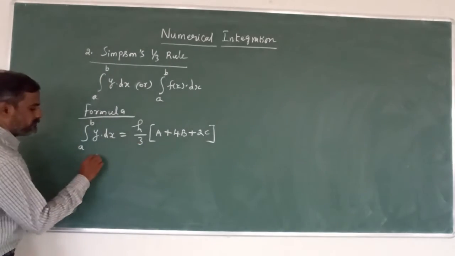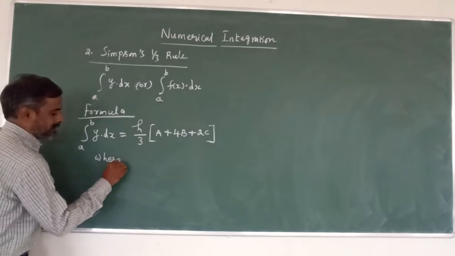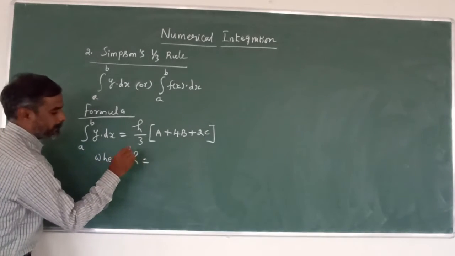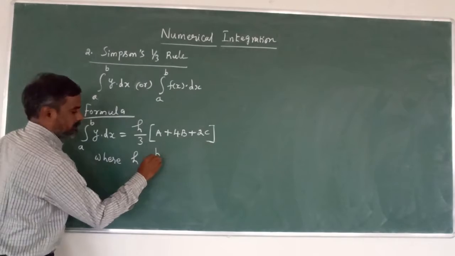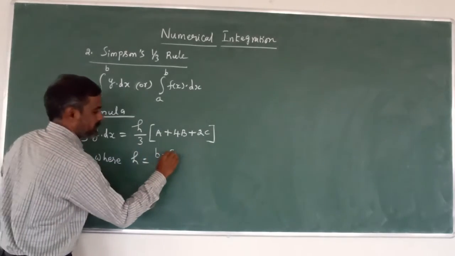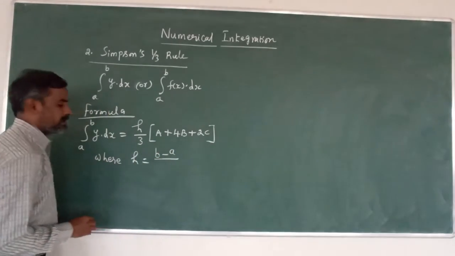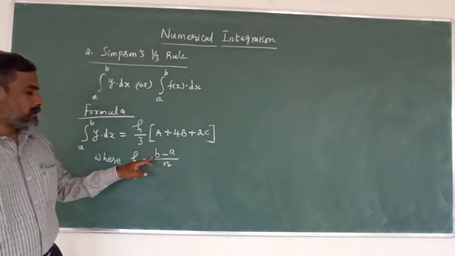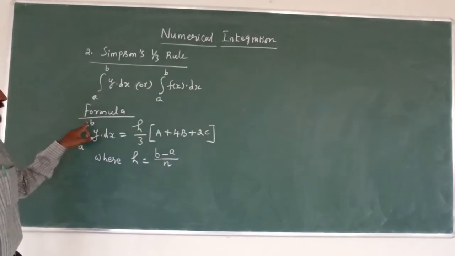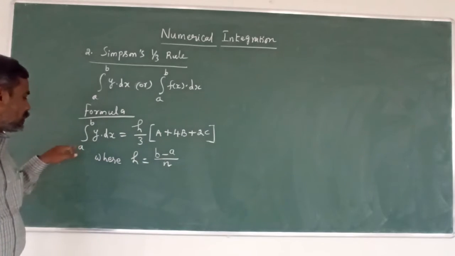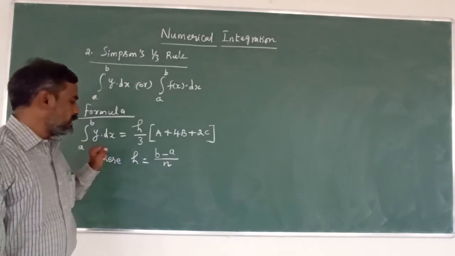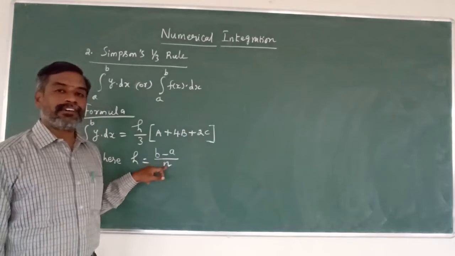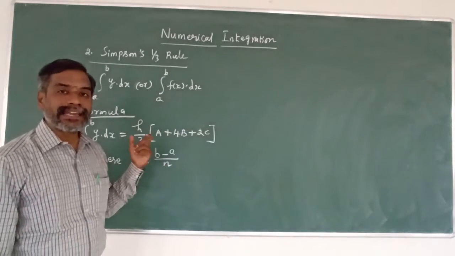Here, h is equal to the upper limit minus the lower limit divided by the number of intervals required. Here b is the upper limit and a is the lower limit, divided by n, the number of intervals required.